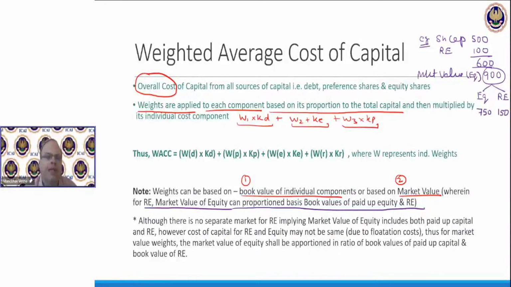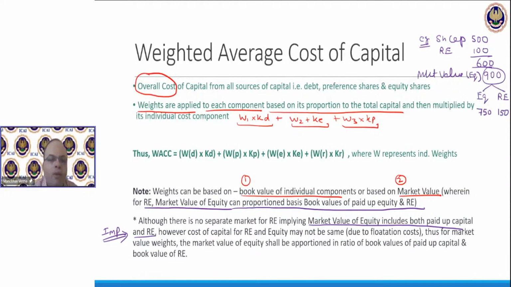Now, the extra point which I just said is also mentioned at the bottom here. Although there is no separate market for retained earnings, the market value of equity includes both paid up capital and retained earnings. However, the cost of equity and retained earnings may not be the same because of the flotation cost, specifically in case of a new issue.